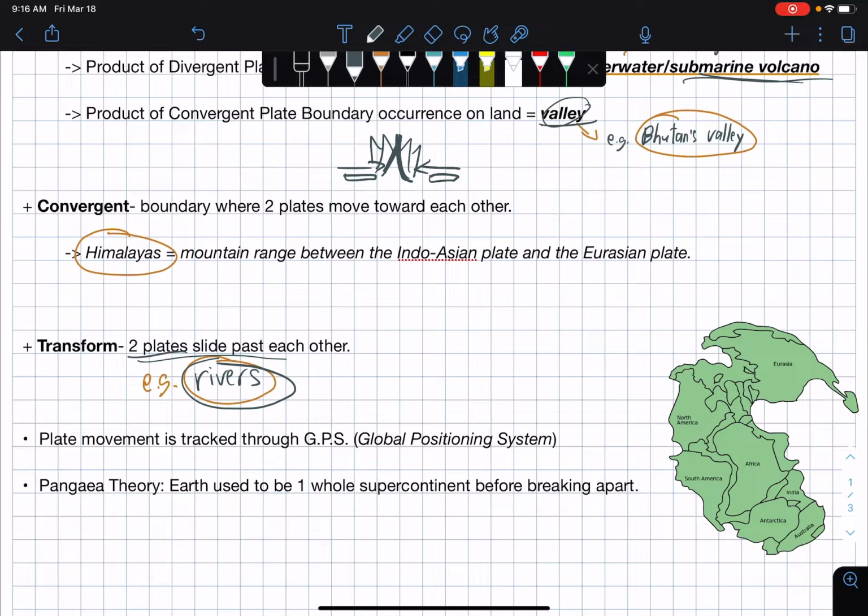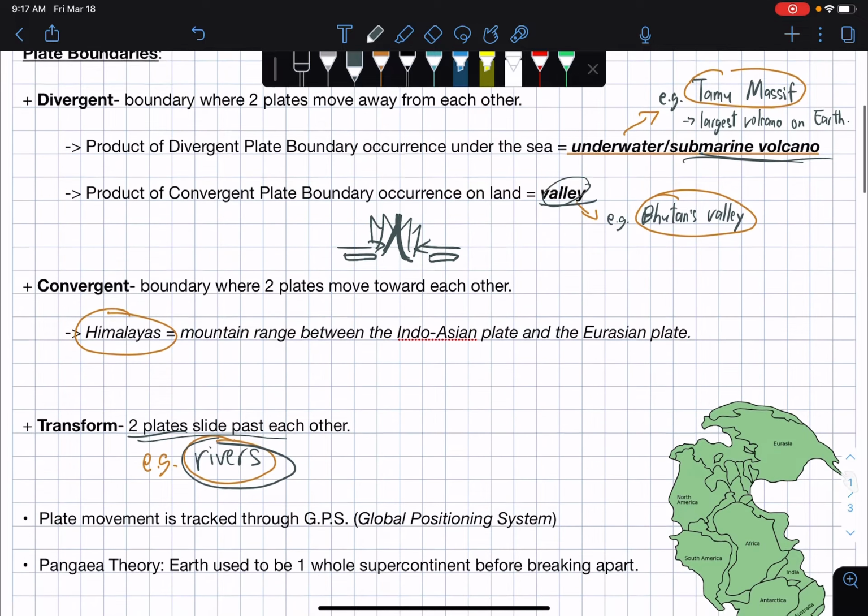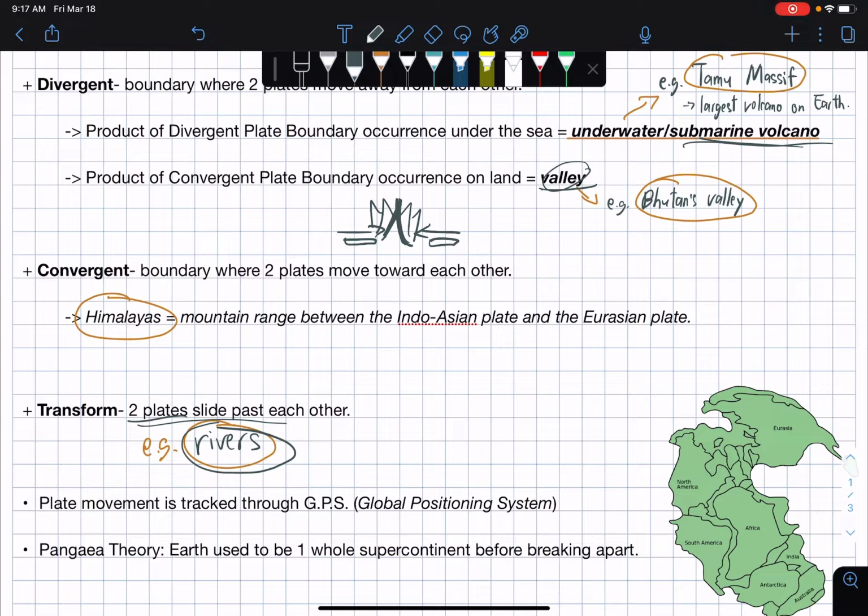So the third plate boundary is the transform plate boundary. It basically states that two plates slide past each other. For example, when we have one continental plate there and another continental plate here, if one moves in this direction and the other moves in this direction, eventually convection would cause these continental crusts to be against each other, and the outcome would be rivers.